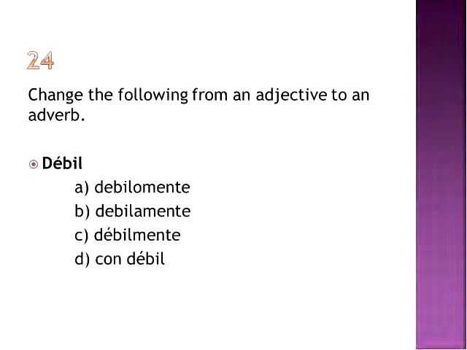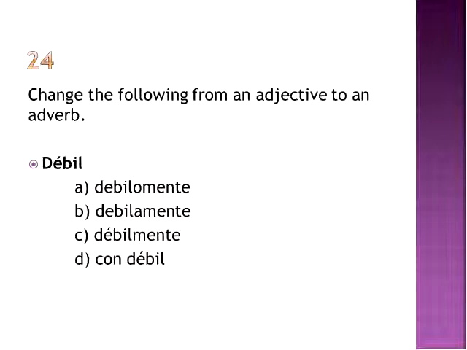Now we're talking about a concept that you learned this semester: changing an adjective to an adverb. Here's the adjective, débil. Which is the correct form of changing débil to an adverb? There's a certain formula for that.